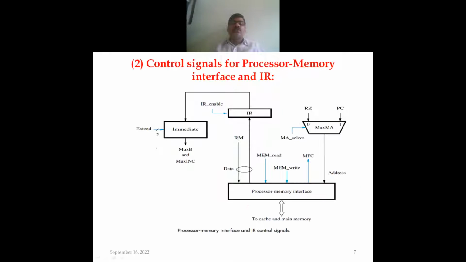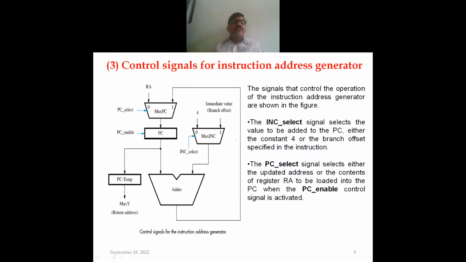So these are the control signals related to the processor memory interface and IR. IR_enable is one control signal, extend is another control signal associated with the immediate operand, and then Mem_read and Mem_write, and the MFC control signal. So the MA selector is also a control signal. These are the different control signals associated with the processor memory interface and the IR register.